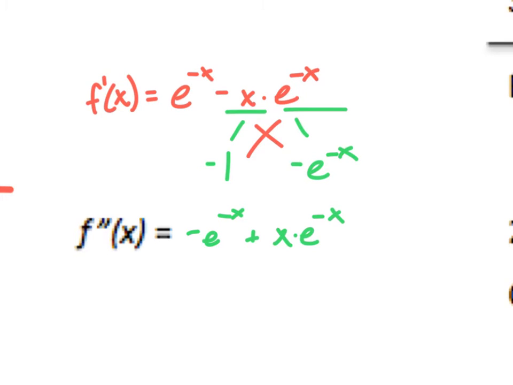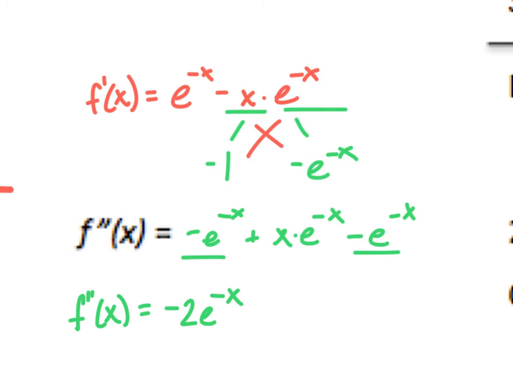And then I've got negative 1 times e to the negative x, so that's just going to give me minus e to the negative x. Okay, I'm going to combine my like terms here, and I'm going to get my second derivative, f double prime of x, is equal to negative 2 e to the negative x plus x times e to the negative x.